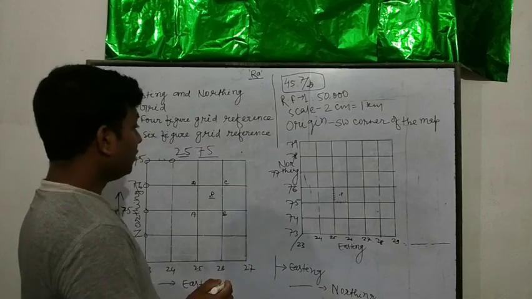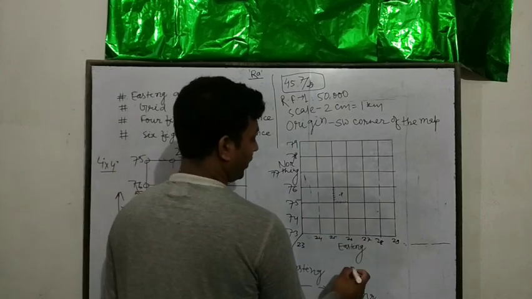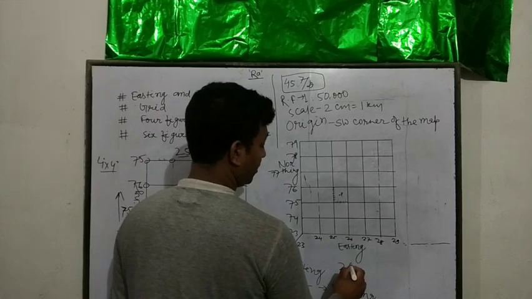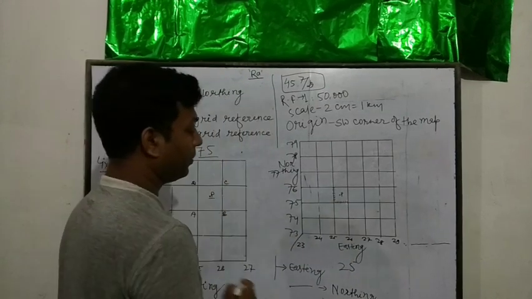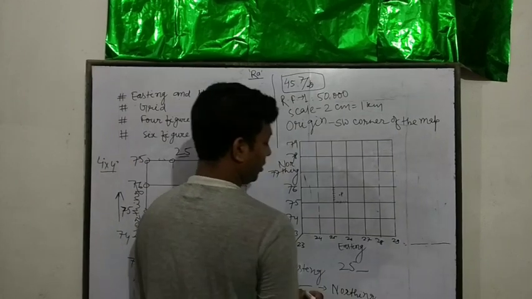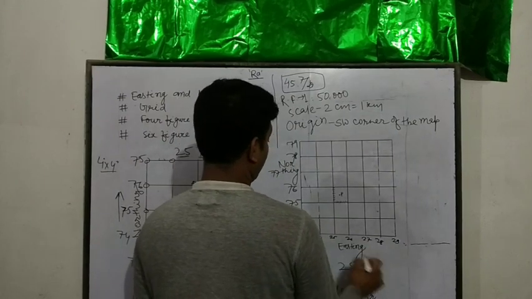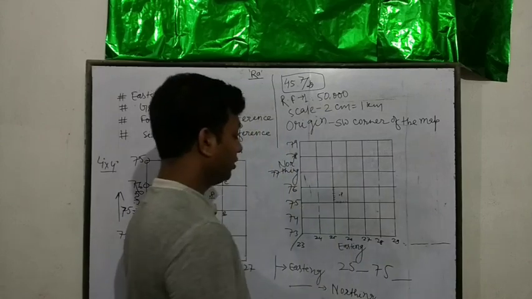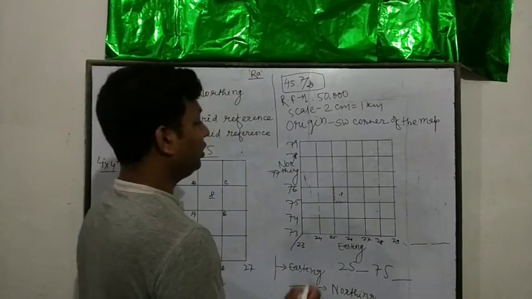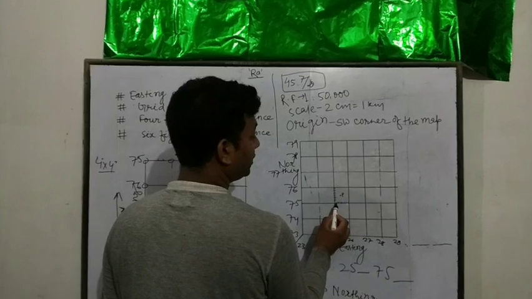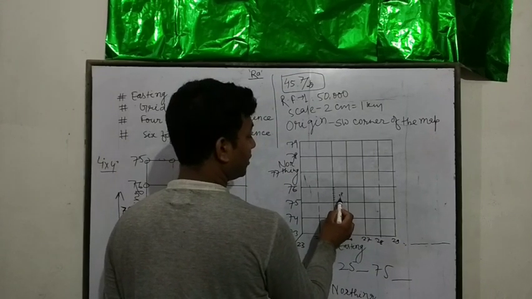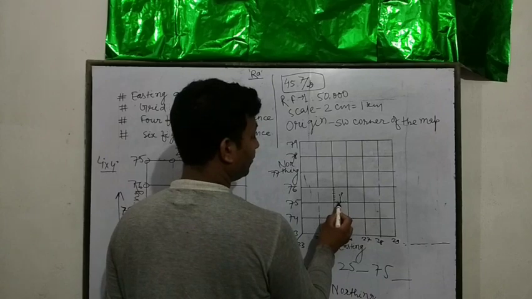From here we take 25, like the 4-figure grid reference, and then from 75 and a dot, from this dot we have to count the 10 lines to where P exists. 1, 2, 3, 4, 5.